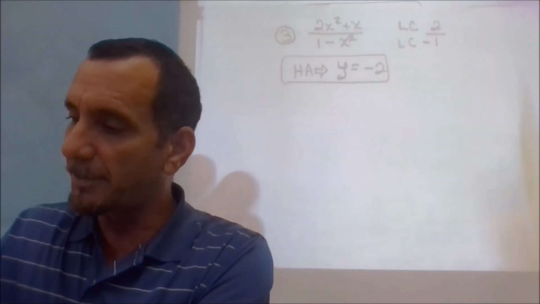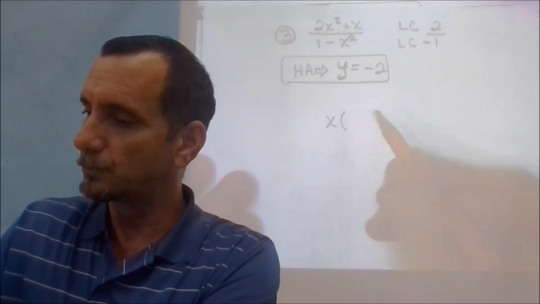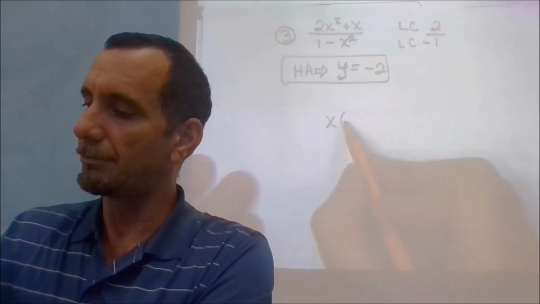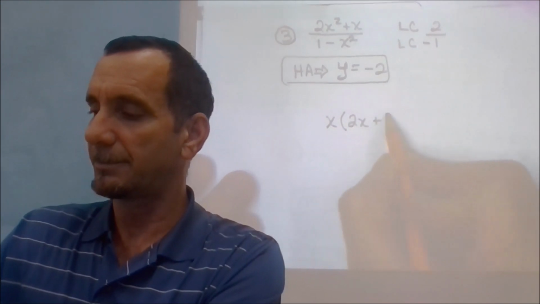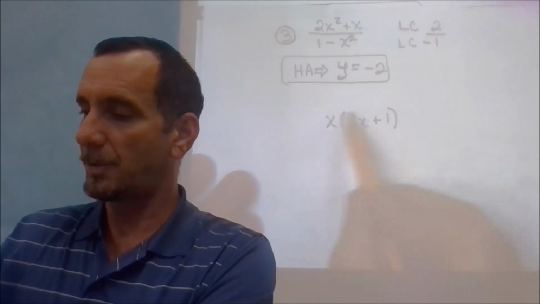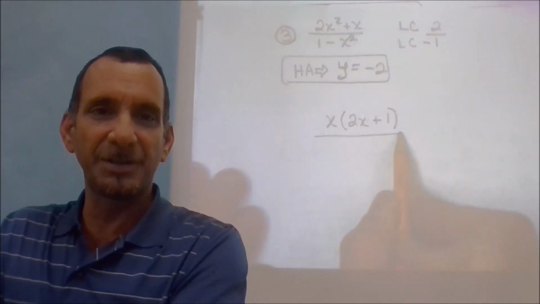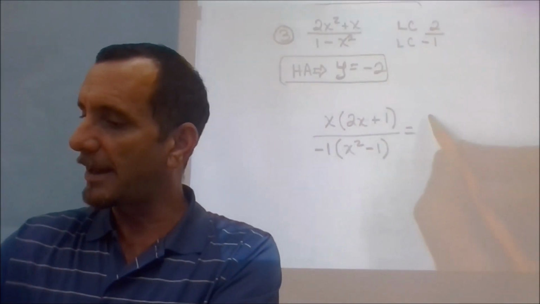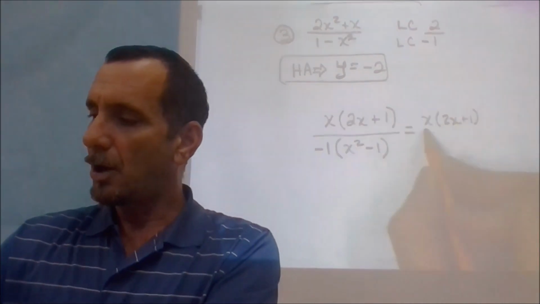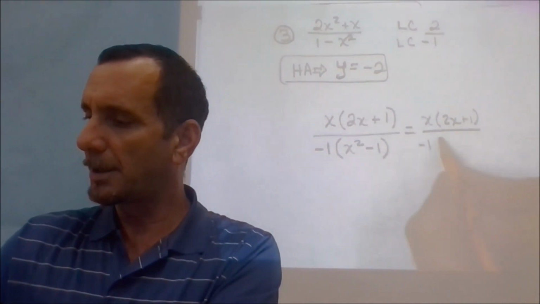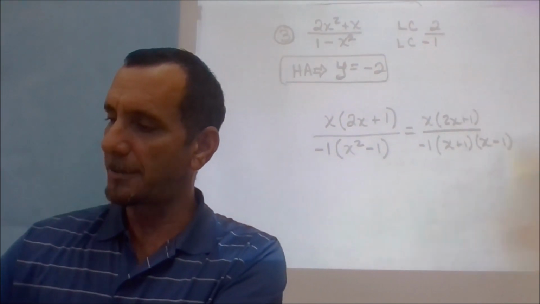I know greatest common factor. I can factor an x out of the numerator, x times 2x plus 1. And now I'm going to factor the denominator: x plus 1, x minus 1.